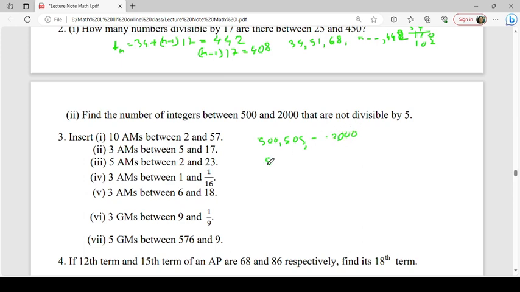So a is 500, 500 plus n minus 1 into 5 is equal to 2000. So n minus 1 is 1500 by 5, which is 300. 300 means n is equal to 301.